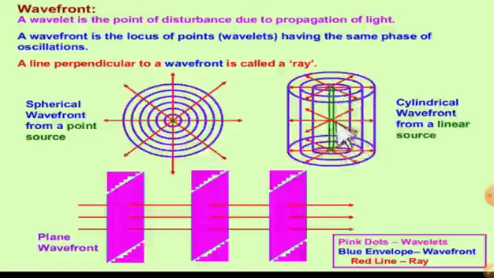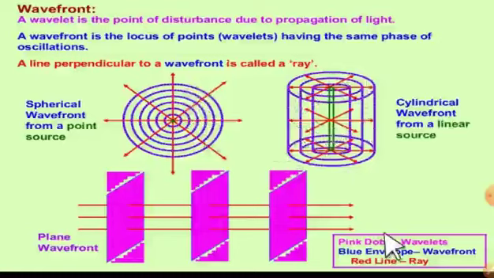I have taken only three here. At a particular time, the distance moved by the light wave from the source will remain the same as shown here. I said ct like that. I will take only the outermost cylindrical wavefront.